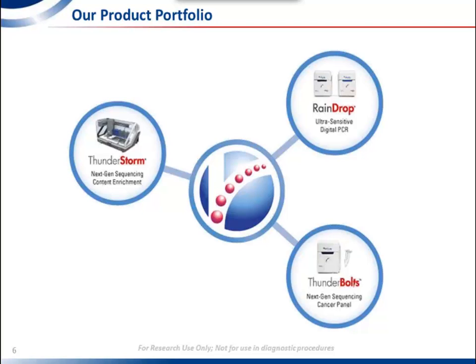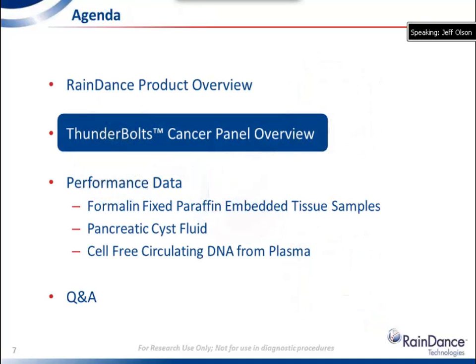It is our next-generation cancer sequencing panel that enables researchers to profile a wide range of tumor samples, FFPE, plasma, tissue, etc., with as low as 10 nanograms starting input DNA in less than 2 days from sample to sequencing data, in a fairly streamlined workflow, at the lowest overall cost per sample in the industry. At this point, I will turn this over to Jeff to walk through the ThunderBolts Cancer Panel overview.